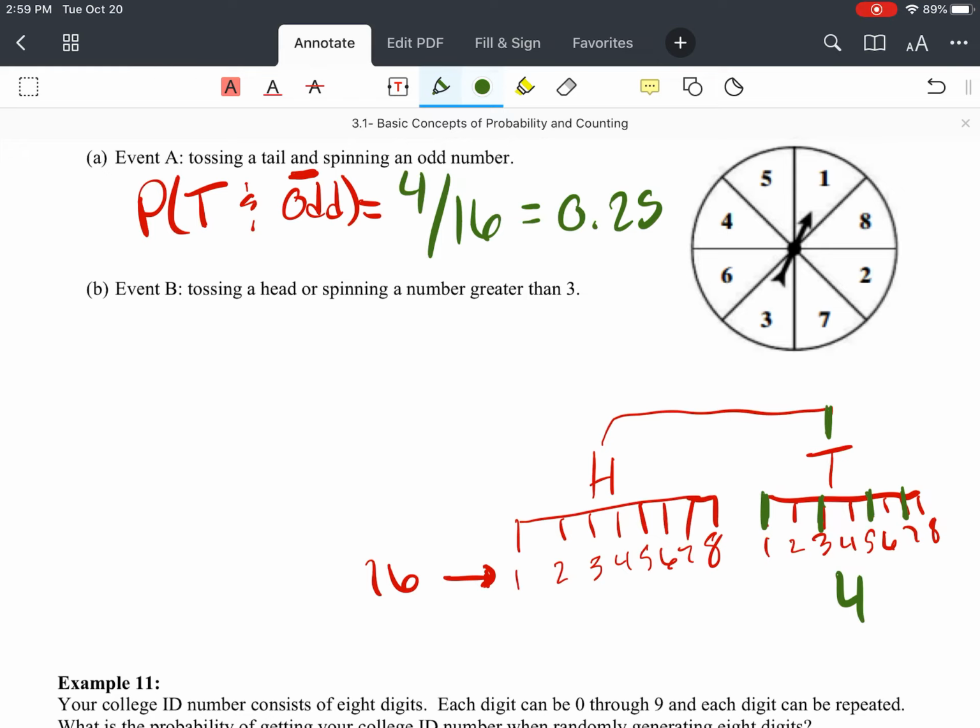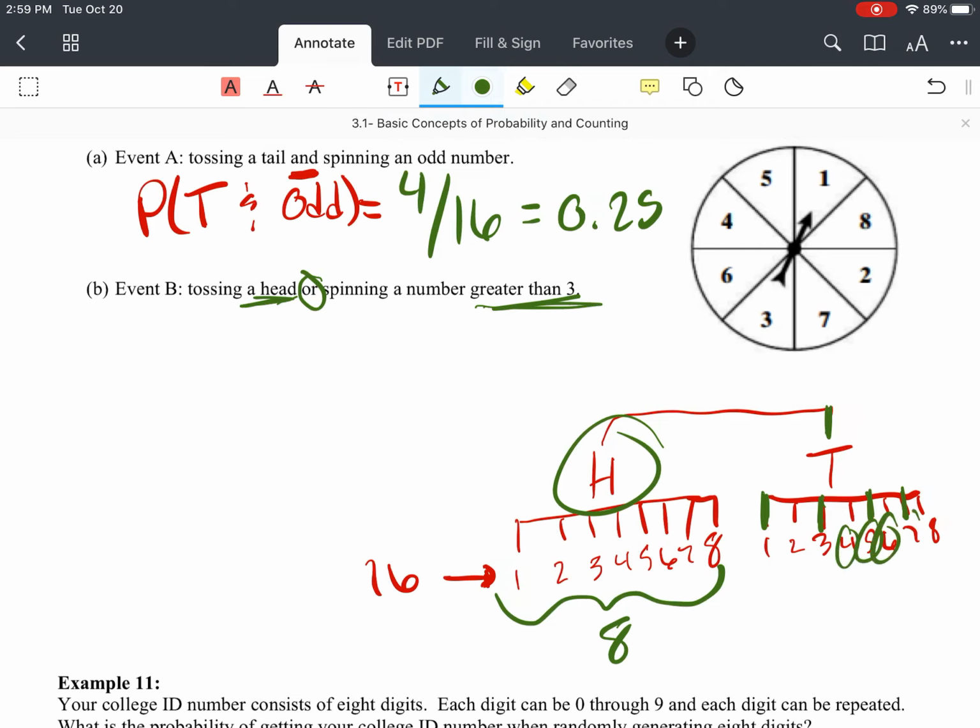Okay, so let's go ahead and take a look at event B. It says we're going to be tossing a head, so this one's an or. So tossing a heads or spinning a spinner and getting a number greater than 3. So tossing a heads, we have 8 possible outcomes. Okay, and then looking for numbers greater than 3. Okay, so we've covered all of the heads, so we don't need to worry about those anymore. But numbers greater than 3, well, that'd be this one, this one, this one, this one, and this one.